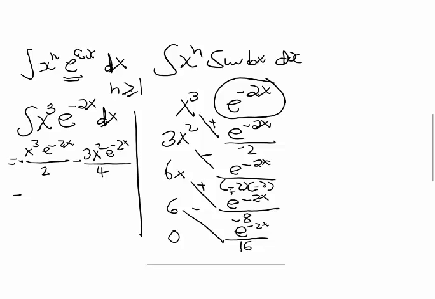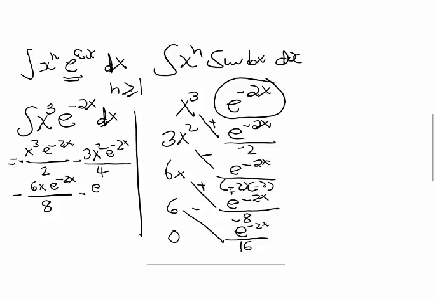And then this would be 6x e to the negative 2x divided by 8, and then eventually you have a plus here and a minus here, so that will also be a minus.